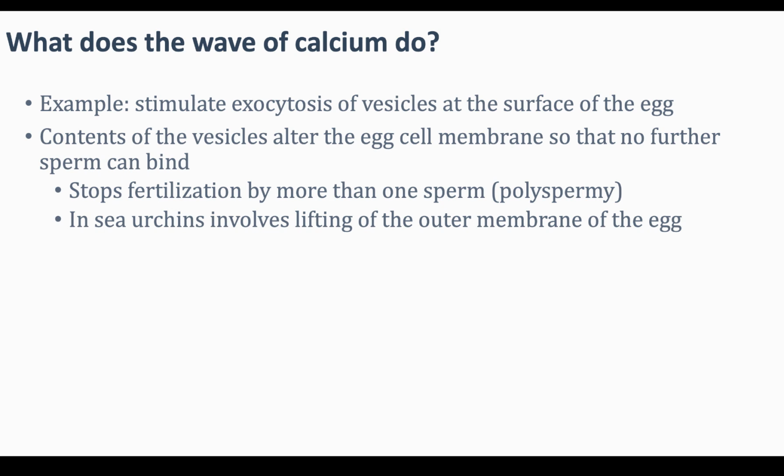And we can actually see the consequences of this exocytosis in sea urchins, and I'll show you a video of that in a moment. And we get a lifting of something called a fertilization envelope that stops any more sperm from coming in and fertilizing the egg. You don't want to have polyspermy, right? Having an extra of every single chromosome would be fatal.